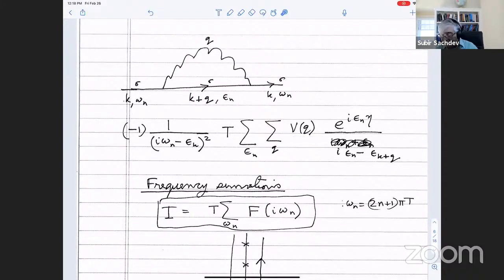Sorry, it's not exactly the same expression. Now the momentum is a bit complicated. So here this was K, and so you said momentum Q went there, so there must be momentum K plus Q here, or coming in that way, sorry.